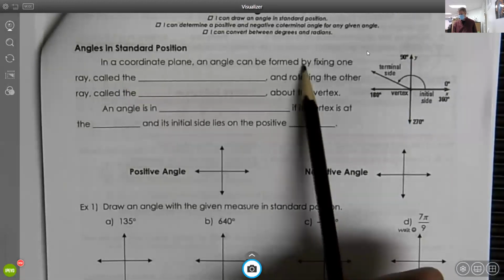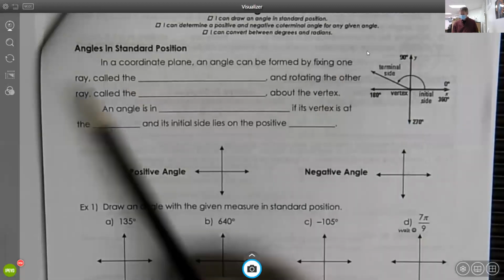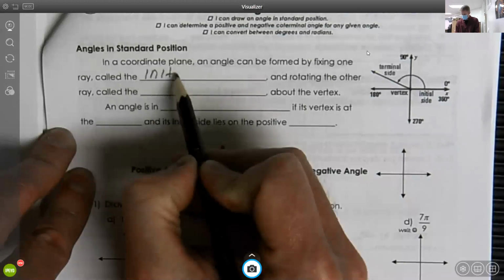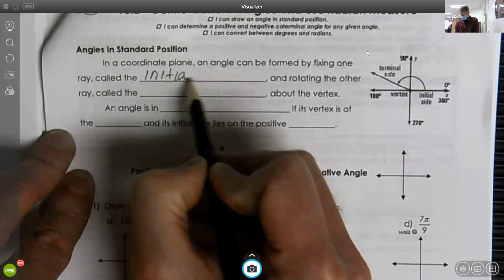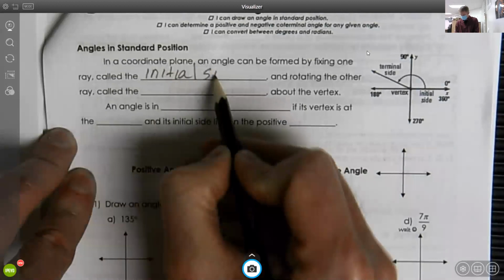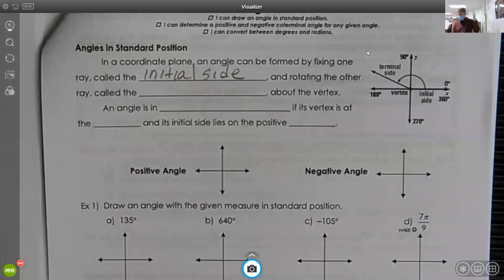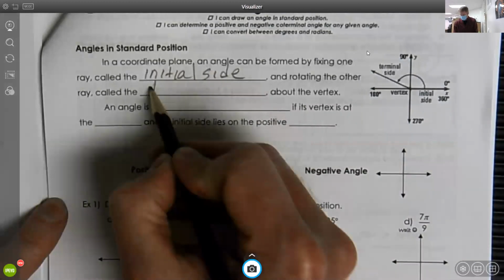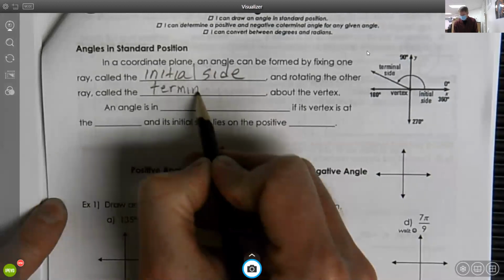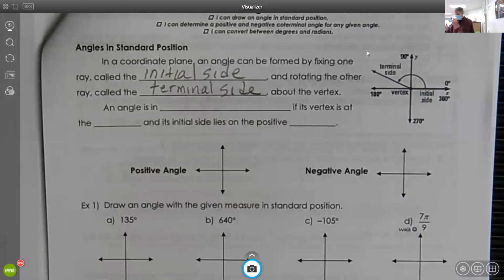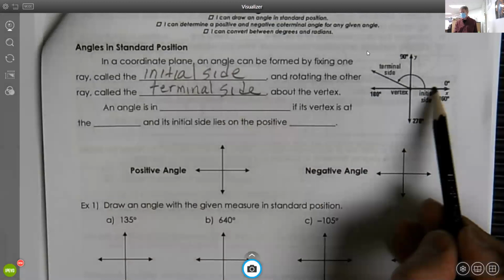So when we talk about an angle in standard position, on the coordinate plane, an angle can be formed by a fixed ray called the initial side, and rotating the other ray called the terminal side. So one side is going to stay right where it's at, and that's the initial one that's going to stay along the x-axis.